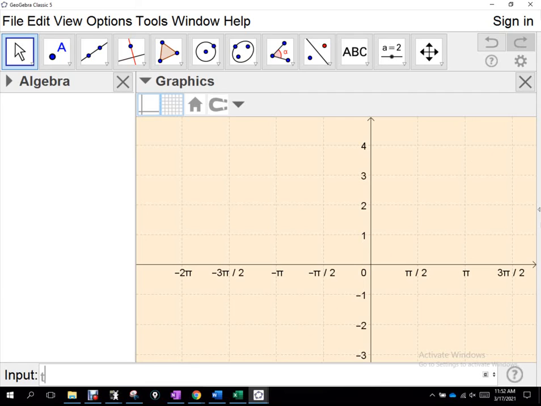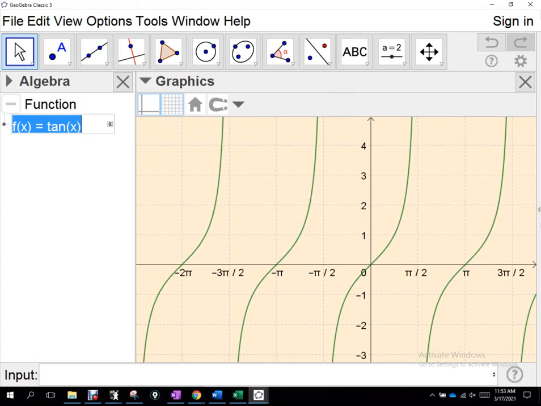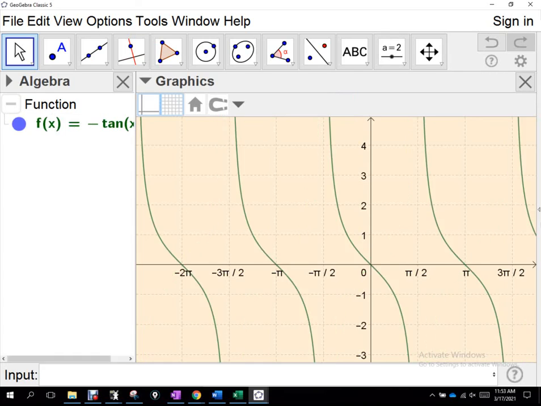Let's graph the tangent function. Okay? If I take the tangent function and multiply it by a negative out front here, what is that going to do when I multiply it by a negative right there? Flip it across the x-axis, right? Is that correct? Okay.